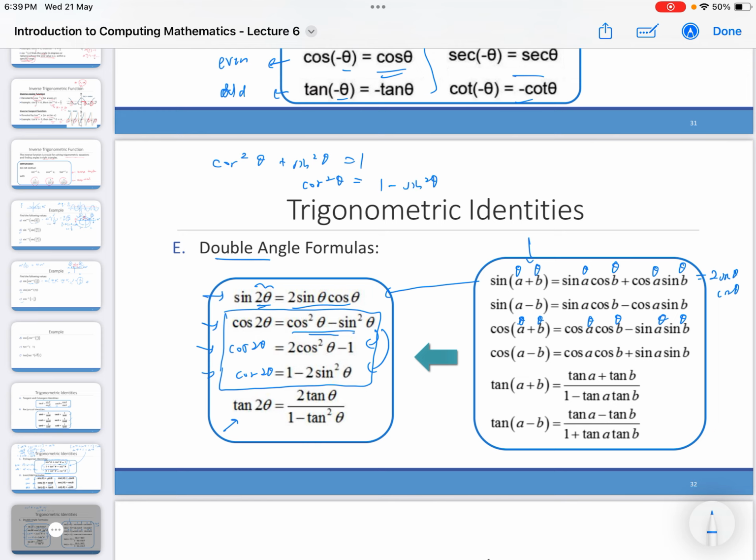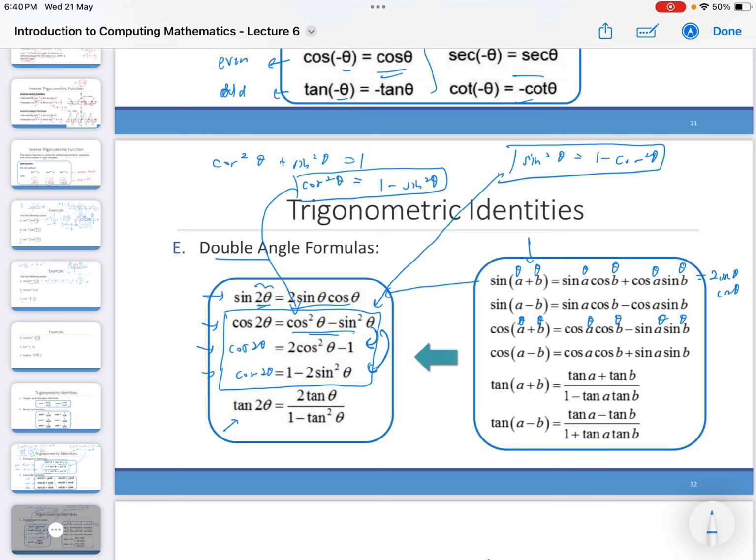Then you substitute this inside the cos squared theta here, and you get the third one. The same thing: we have sin squared theta equals 1 minus cos squared theta. We substitute sin squared theta, which is 1 minus cos squared theta, inside this sin squared to get the second one.